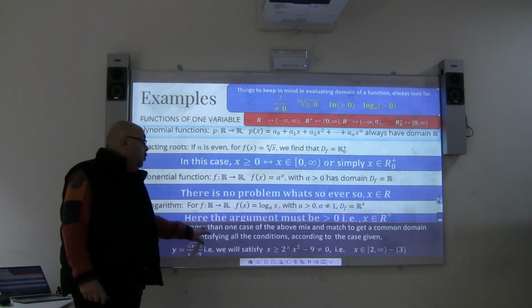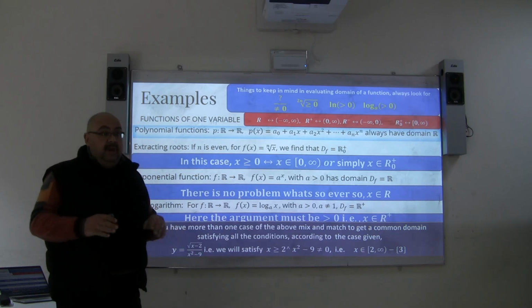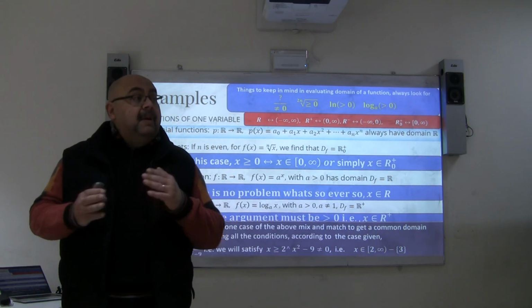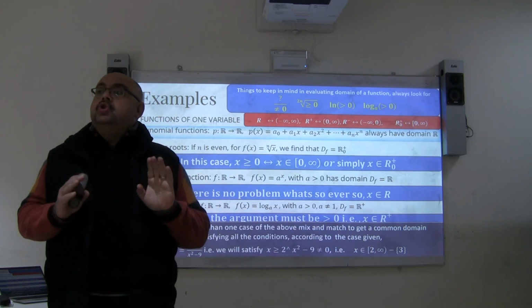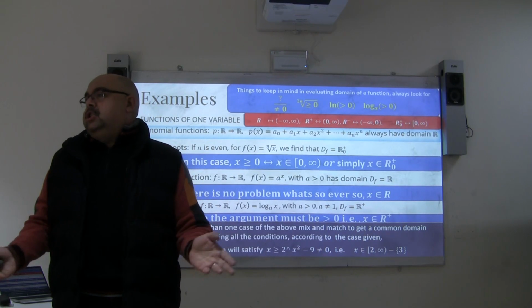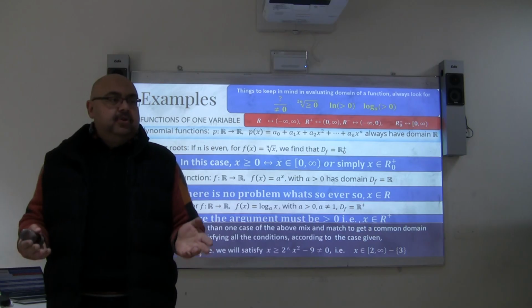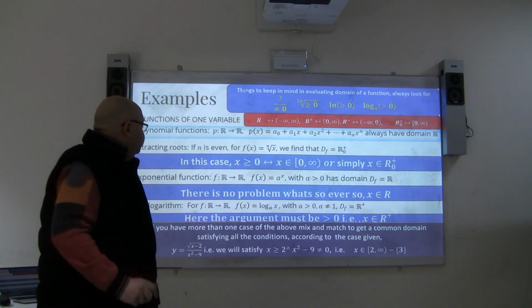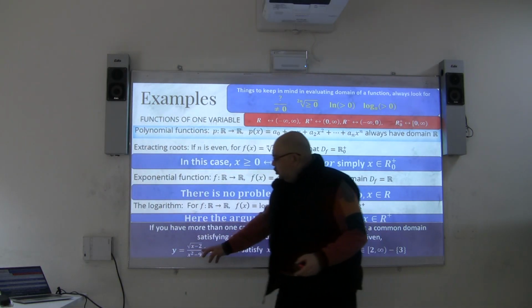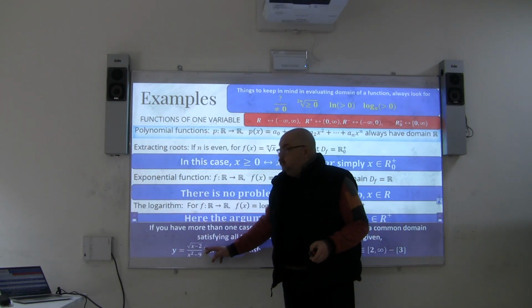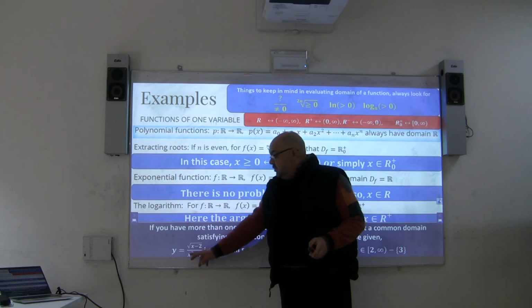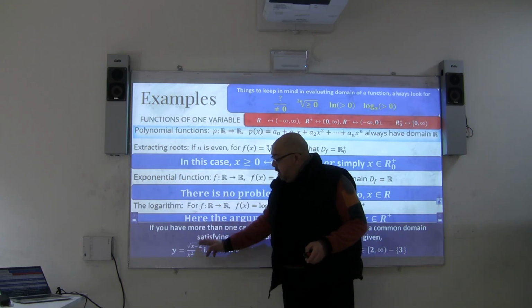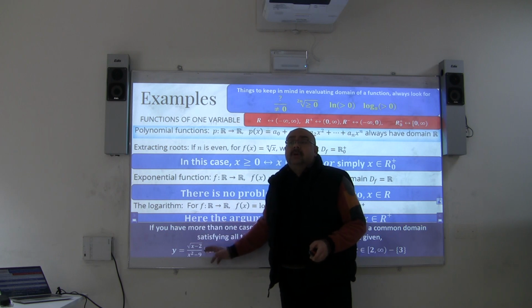Remark: if we have more than one case, so if your function contains alternative or multiple cases, I should mix and match according to what appears in your function and take all the restrictions. For example, if I have the square root of x minus 2 divided by x squared minus 9, here I'm mixing the two conditions together.